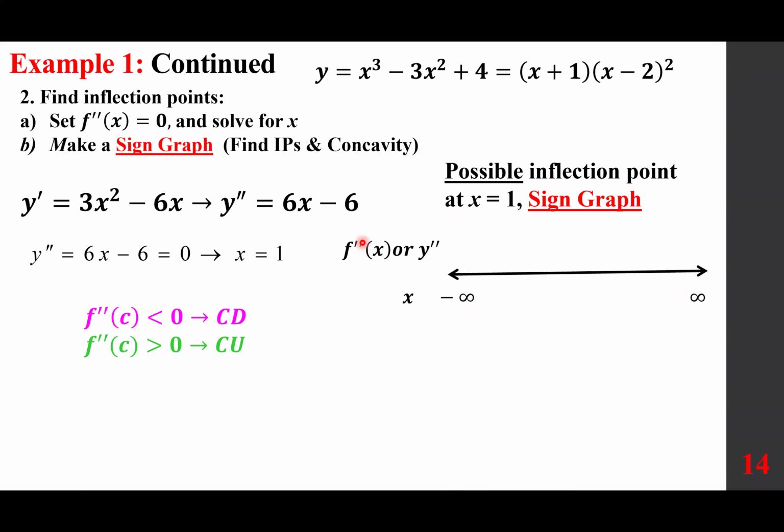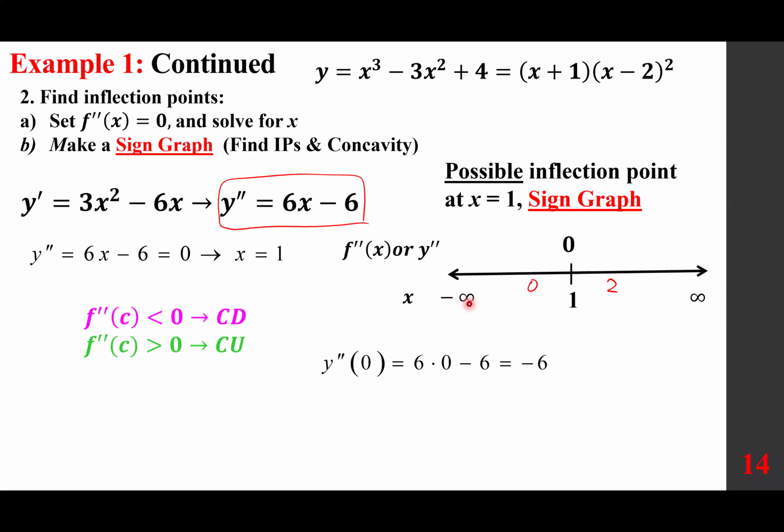But this time we put f double prime. We are doing a sign graph on that. At 1, it's 0. And basically you go with the test point. Obviously, the easiest point for the left side is 0, for the right side is 2. And you put that into y double prime, everybody, just to see if it's negative or positive. So you plug in 0, you plug in 2.